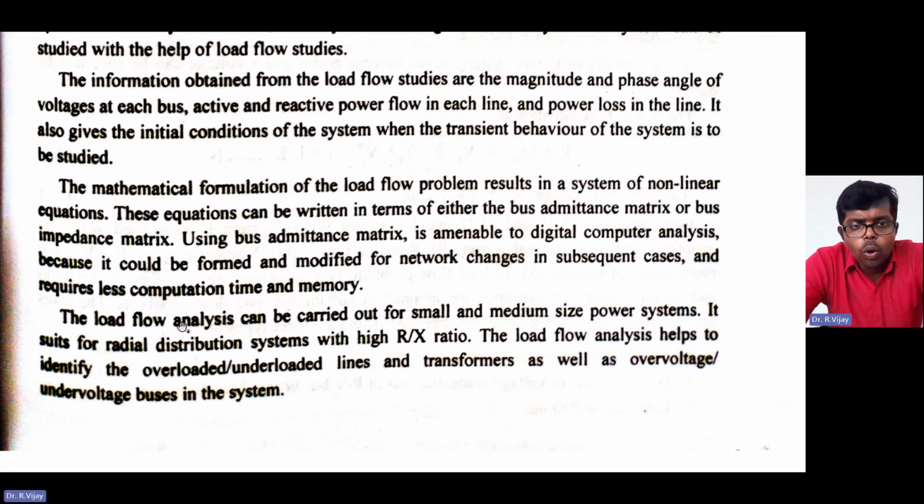Next, the load flow analysis can be carried out for small and medium size power stations. It suits radial distribution systems with a high R/X ratio, that is, high resistance to reactance ratio.